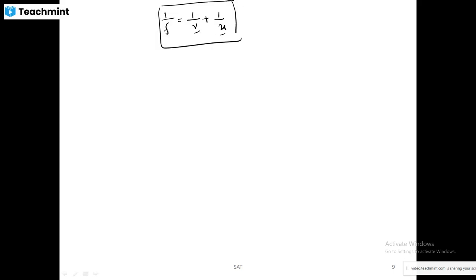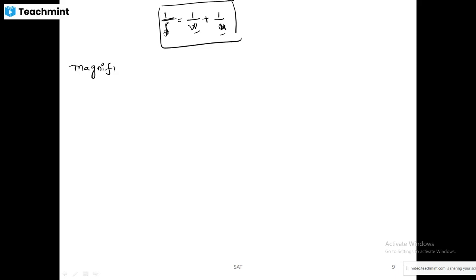While calculating problems using this formula, you need to know sign conventions. Without sign conventions, if we substitute the focal length, V and U values, we never get a correct answer. That's why, while doing problems, we need to use the sign conventions.